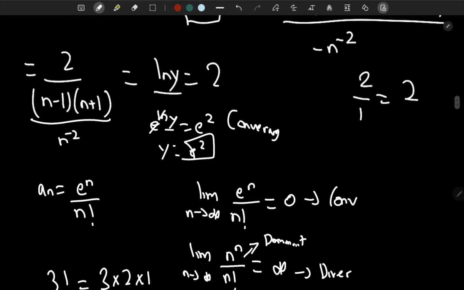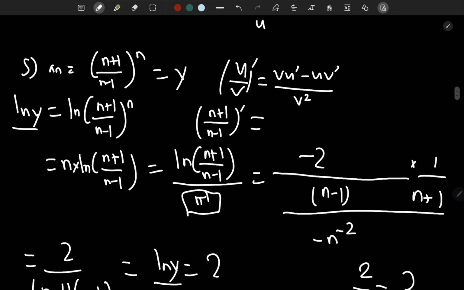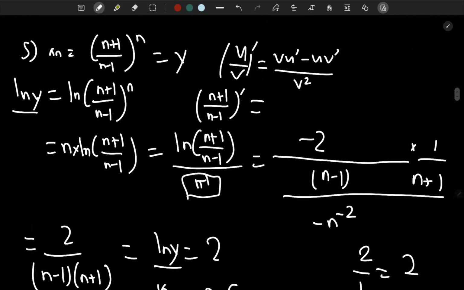And in our last question, I think this one, question 5, we had n plus 1 over n minus 1, all to the power of n, and here we are approaching n to be infinity. So let's try to do this example with our shortcut method.